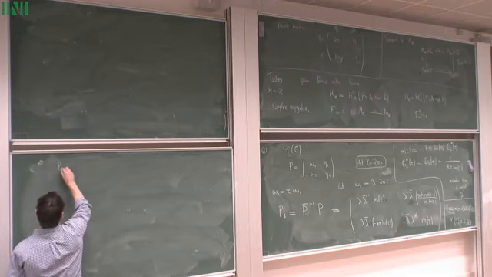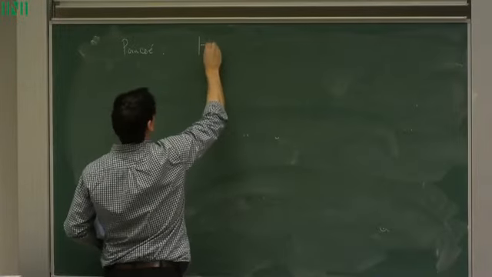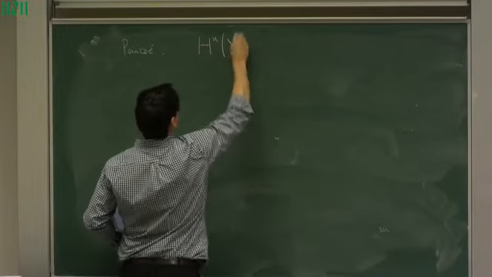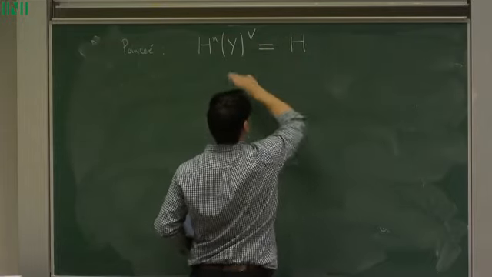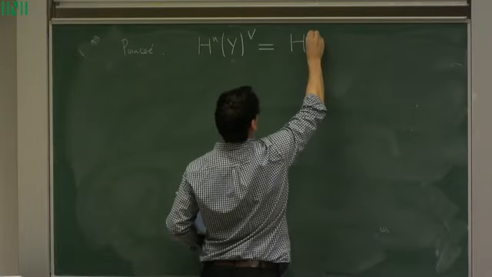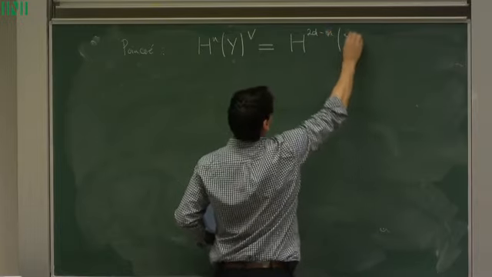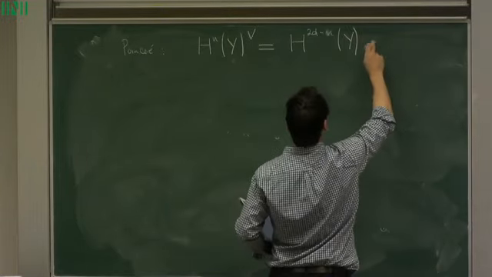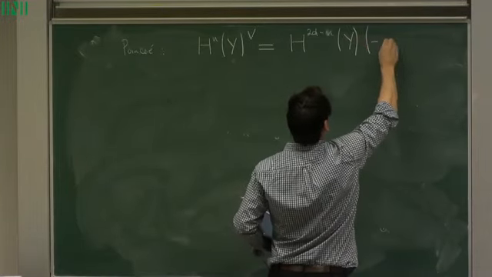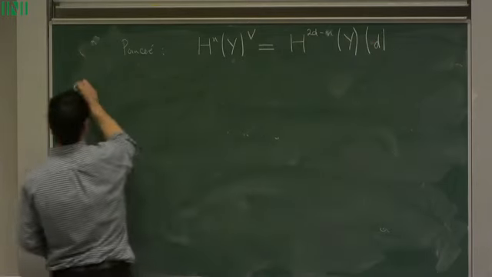So of course we have Poincaré duality, which is the dual of the cohomology of Y. So Y is smooth projective, if I remind you. This is 2d minus n. Yeah, X wasn't, but Y was. Minus d, I think, where d is the dimension.